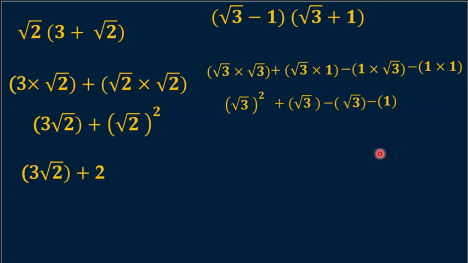Good. From here we can see something. This and this can go because this is positive and this is negative. We cancel them out from here, and we know what happens to root 3 squared. It becomes 3 minus 1, which is 2, and that will be the final answer.